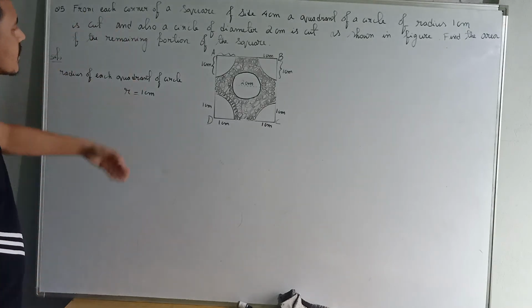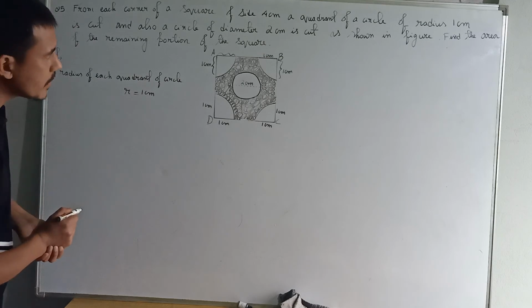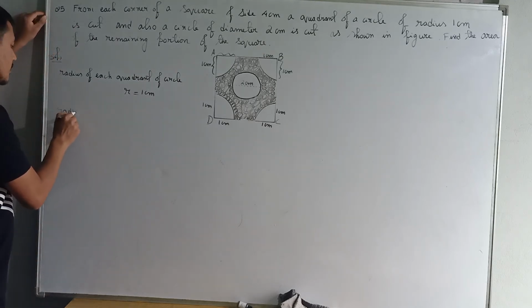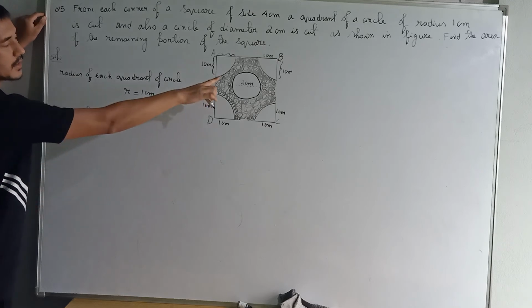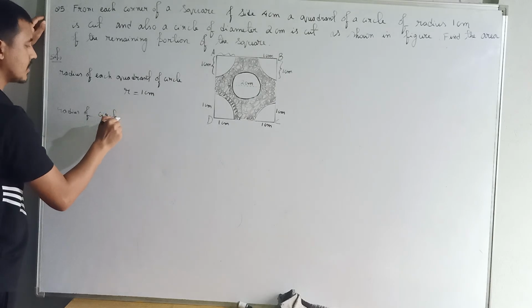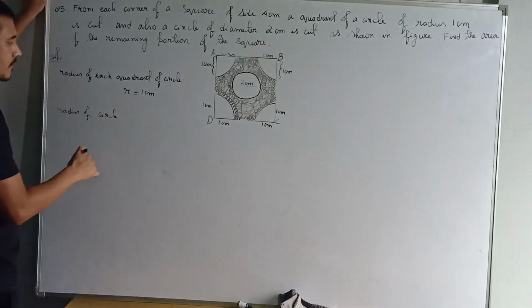Then another circle with diameter 2 centimeter is cut off at the center of the square.